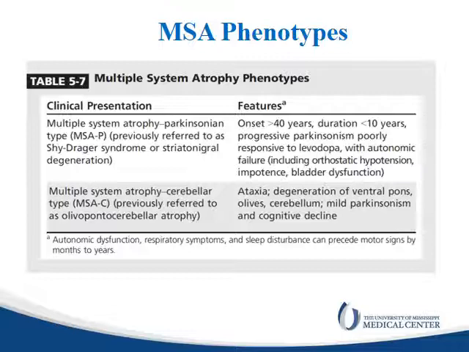Typically the age of onset is older than 40 years old, and the disease duration is less than 10 years. The other subtype is MSA-C, the multiple system atrophy cerebellar type, usually presenting with ataxia and degeneration of the ventral pons, olives, and cerebellum, with mild Parkinsonian features.